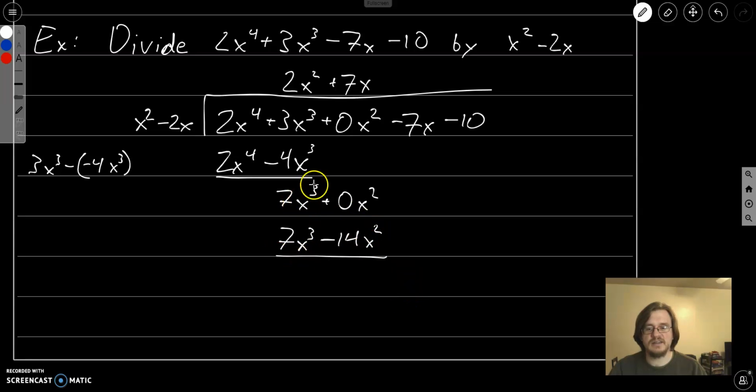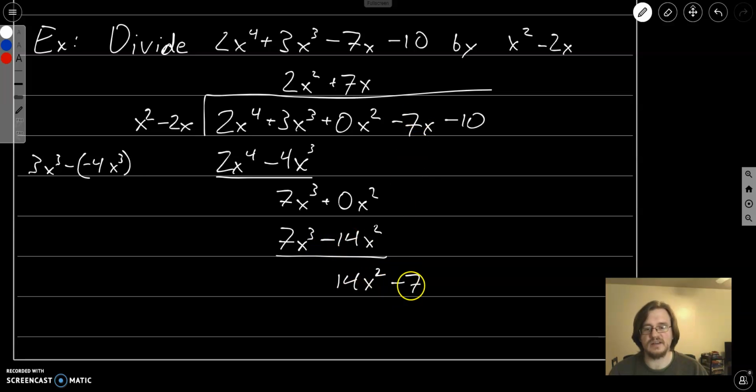I subtract, so 7x cubed minus 7x cubed is 0. 0x squared minus negative 14x squared is going to come out to be positive 14x squared. So again, this is positive after I subtract a negative.